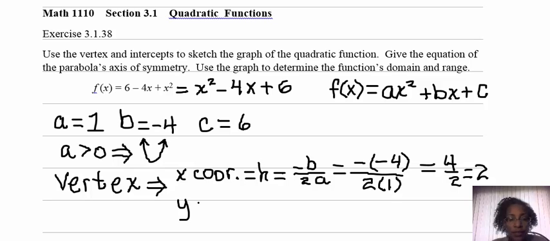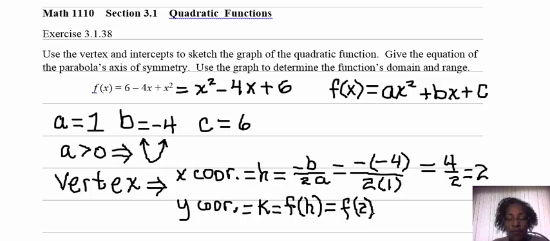Now the y-coordinate of the vertex we call k. That's found by taking our h and replacing all of the x's in our function with h. A simpler way to say that is we're going to calculate f of h. Now we found h is 2, so we're going to calculate f of 2 to find the y-coordinate of our vertex. Our function takes whatever you put into it, squares it, subtracts from that 4 times the input, and our input in this case is 2, plus 6.